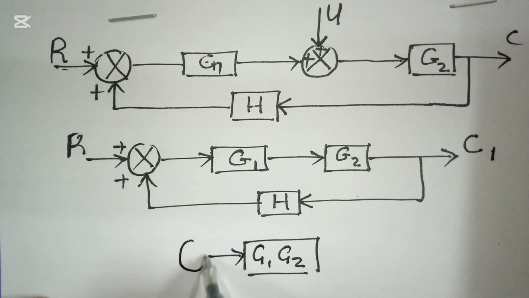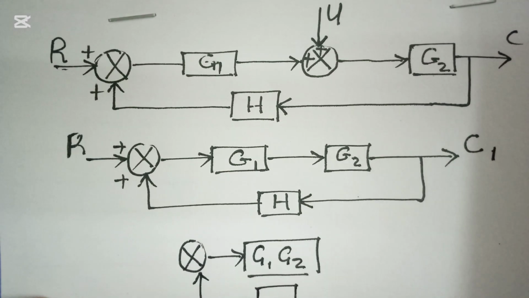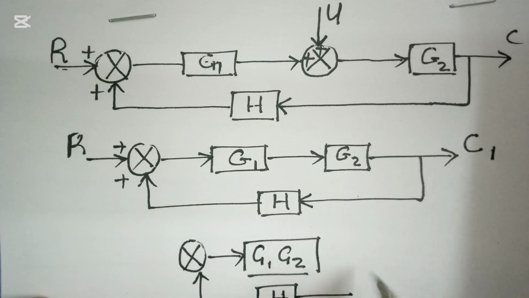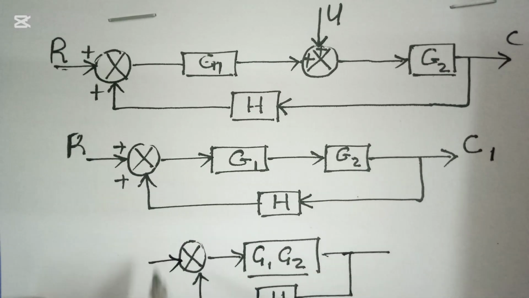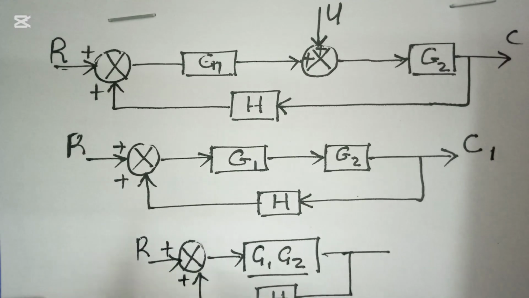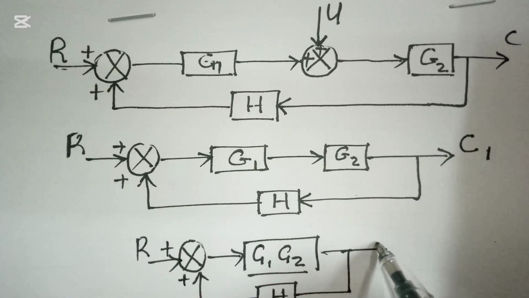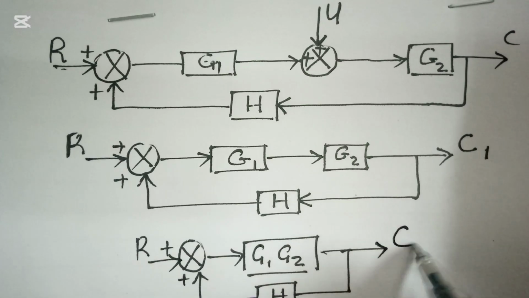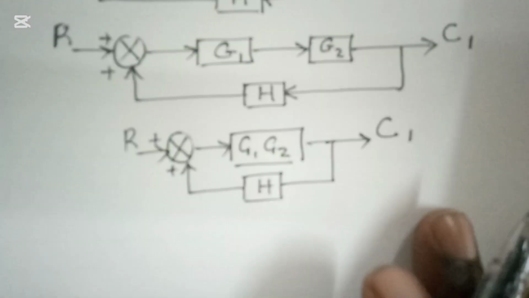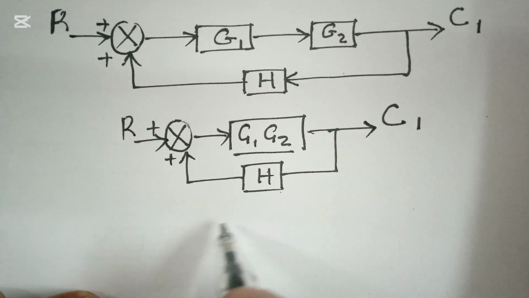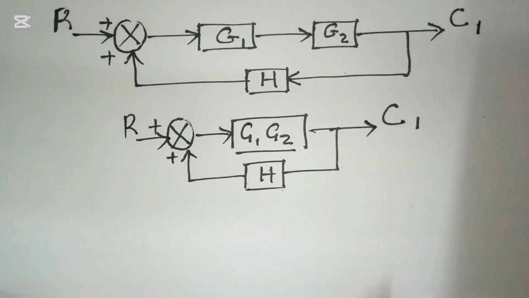And then we have the feedback there, which is H. This is R, we have a plus there and a plus there. So I now get the C1 from this. What I'll do is eliminate the feedback. So eliminating the feedback, this is what we are going to have.